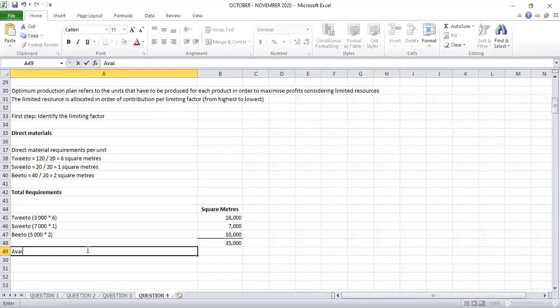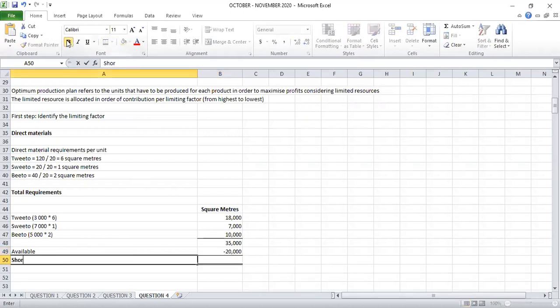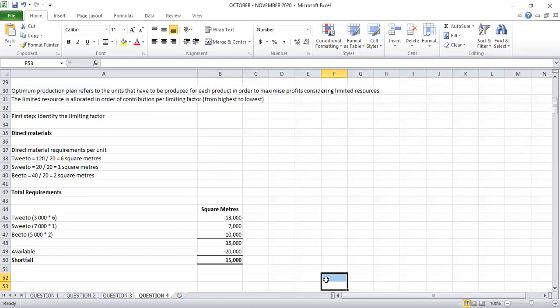Available. Shortfall. This is the shortfall. 15,000 is the shortfall.